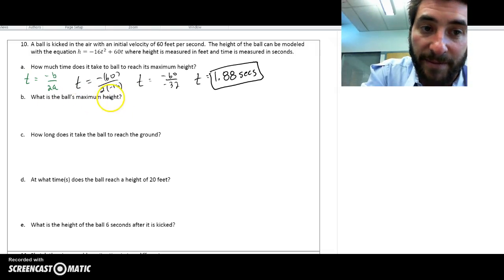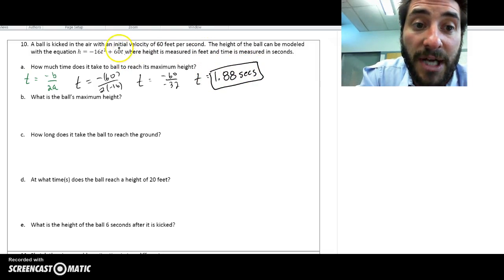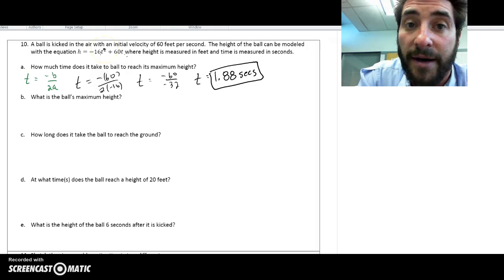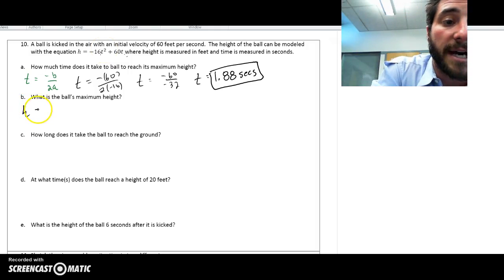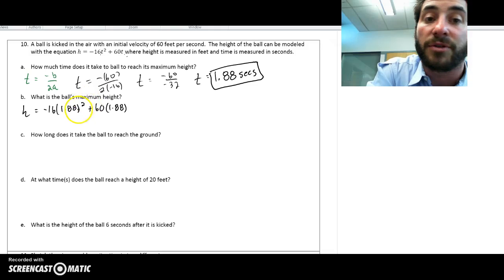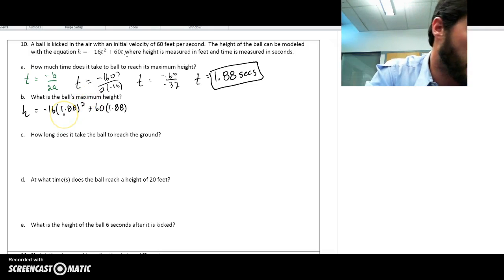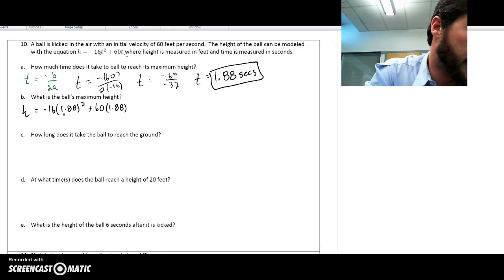What is the ball's maximum height? If I know how much time it takes to get there, I can plug it in for t and find what h is. So what's the height when the time is 1.88? Plug it in, do the square first, so 1.88 squared, and then multiply it by negative 16.